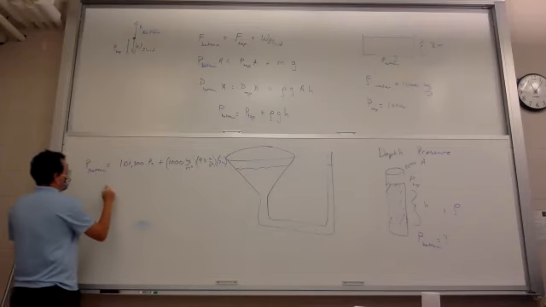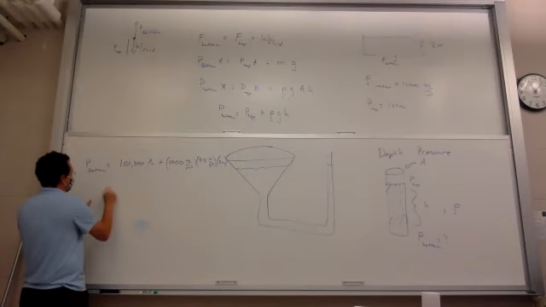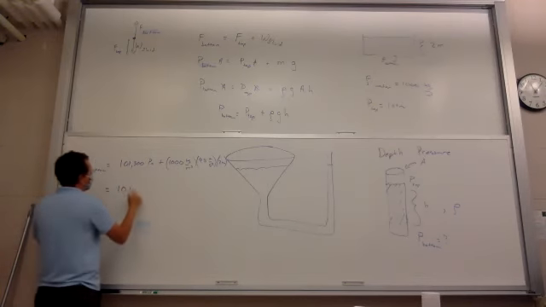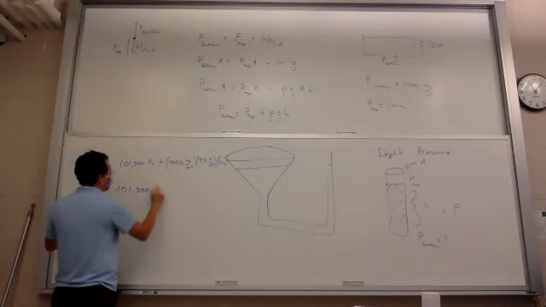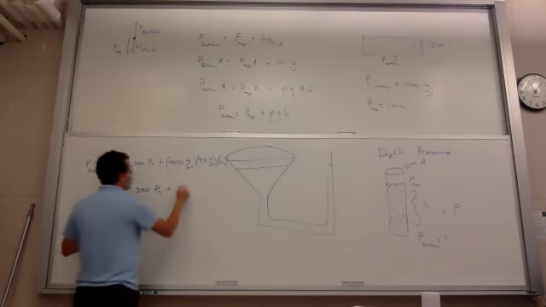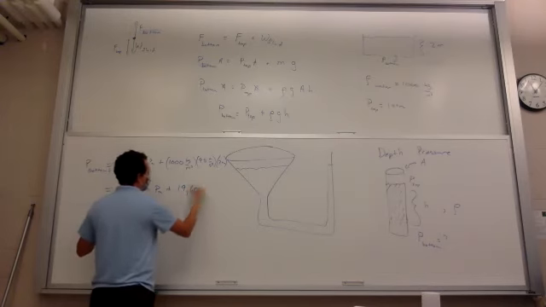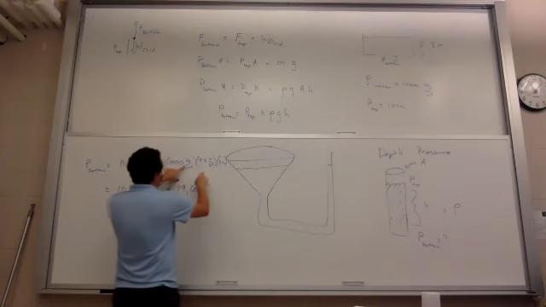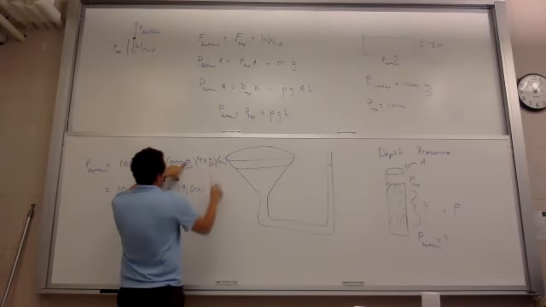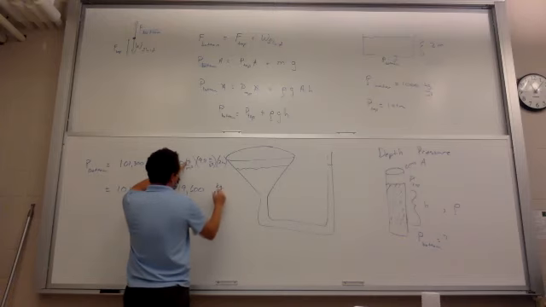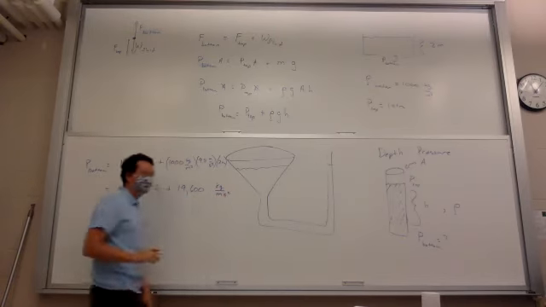But I'll show how the units work. 101,300 Pascals plus 19,600, and then I have a kilogram, so I actually get a kilogram per meter second squared.